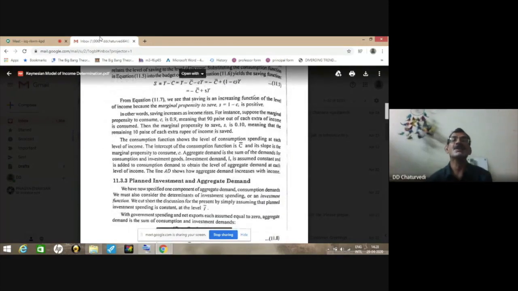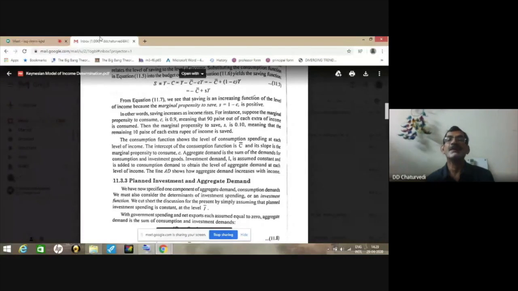Here the saving function is given by Y minus C, which is equal to Y minus C bar minus cY, which is equal to minus C bar plus (1 minus c) into Y. This is given by equation number 11.7, which is on your screen. 1 minus c is called the marginal propensity to save, and it is indicated by small s.